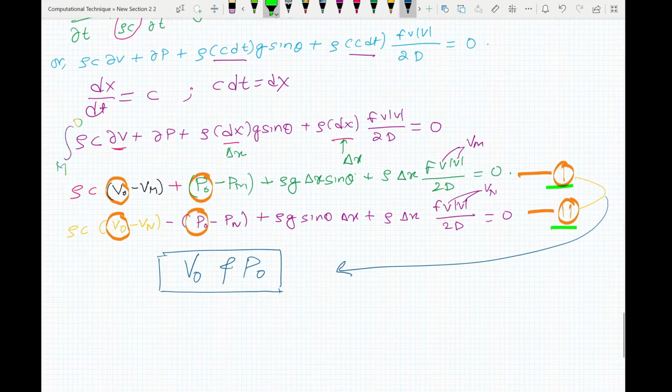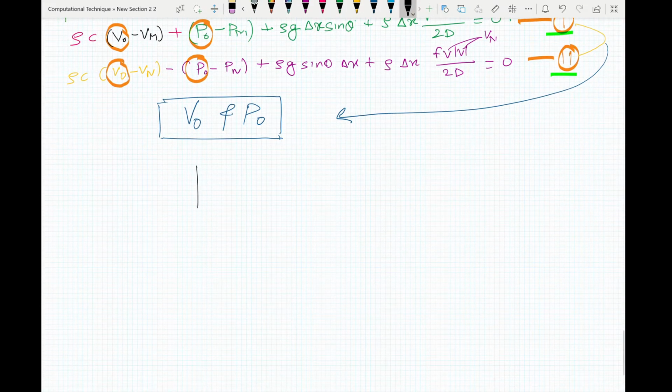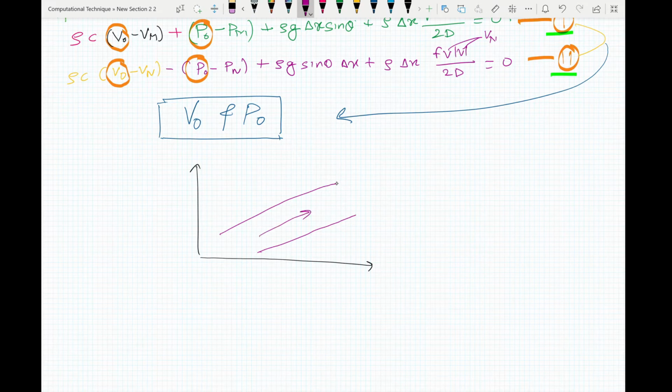For example, if you have a pipe like this, if you take a section of it, and if this was z here and the slope maybe theta, and you have your hydraulic gradient line, HGL, and this is H, and this is our pipe section.